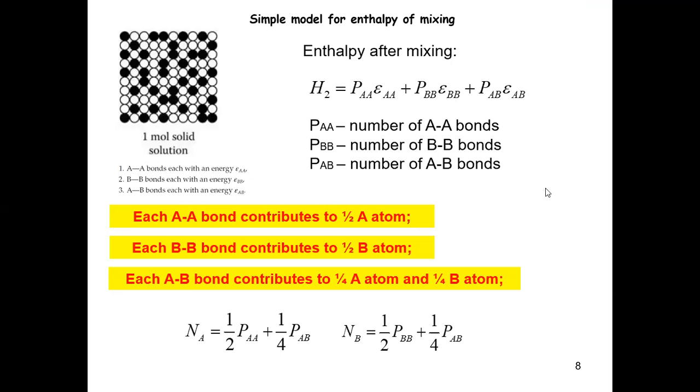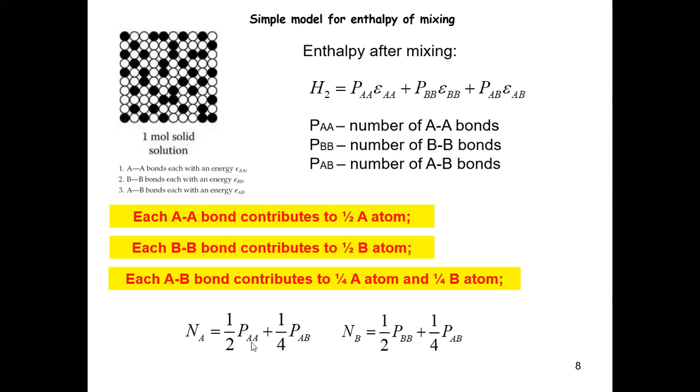It's very straightforward. Now, considering all of this, we can express again PAA, PBB, and PAB in terms of the number of atoms in the system, right? Because each AA bond contributes a half A atom, this is the contribution of the total number of AA bonds to the number of atoms.